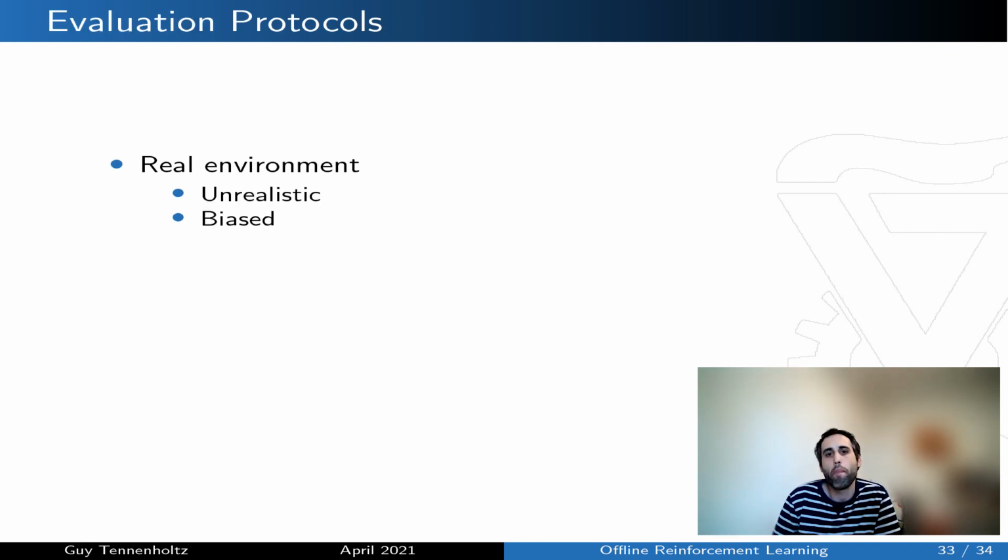Finally, I'd like to talk about the problem of choosing our method of evaluating or validating our offline RL algorithm. One way to validate our algorithm is to go to the real world, right? Go to the real environment and actually test our policy. The problem is that this is not very realistic to do. In many different domains, this would actually be impossible.